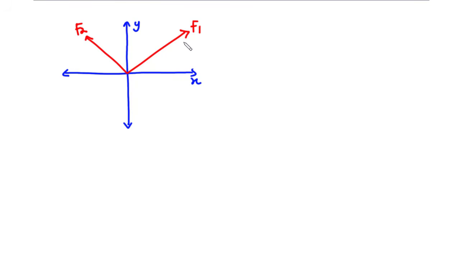So for F1, we have F1x i and then F1y j, and then also for F2, we have F2x i and then F2y j. So the two forces F1 and F2 can be resolved into their i and j components.